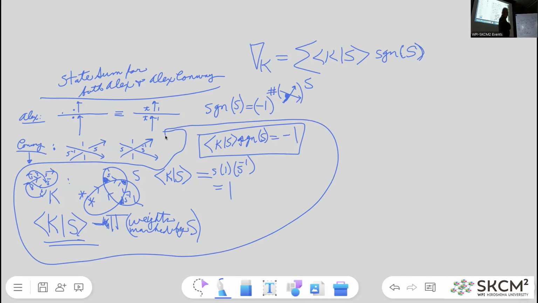Now, last time when I was talking about it briefly, I was explaining that this comes about by some good accidents combined with looking carefully at Alexander's original definition of the Alexander polynomial, where he was computing a determinant, and his determinant could be thought of as products of certain things times the sign of permutations.